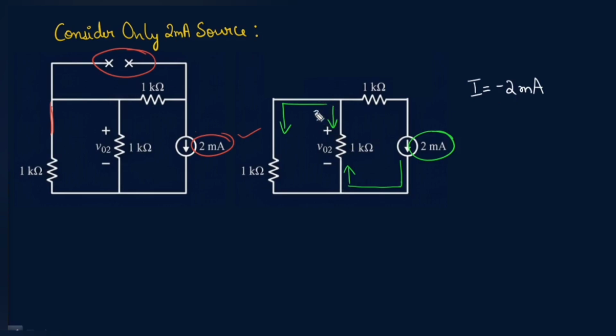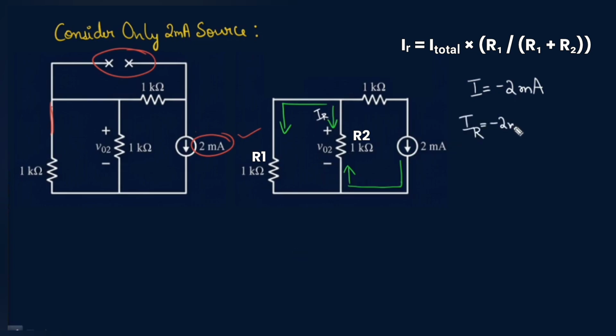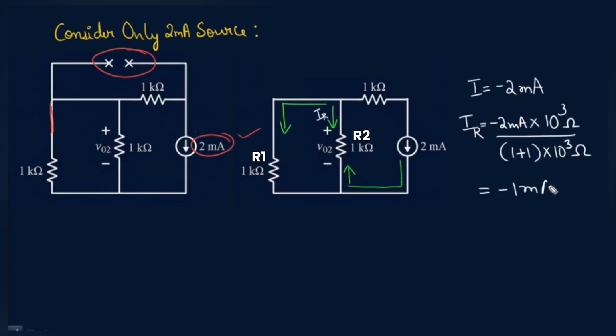Now, using the current divider rule, the current through the middle resistor is minus 2 milliamperes into 1 kilo ohm divided by 1 kilo ohm plus 1 kilo ohm. So we get minus 1 milliampere. The negative sign tells us that the actual current flows upward, opposite to our downward reference direction.